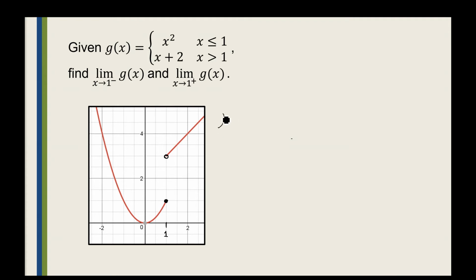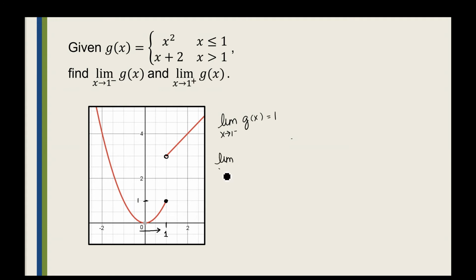So when we want to find the limit as x approaches 1 from the left of g of x, using our graph, you can see that as x approaches 1 from the left, the function approaches 1 as well. So that limit as x approaches 1 from the left of g of x is equal to 1.